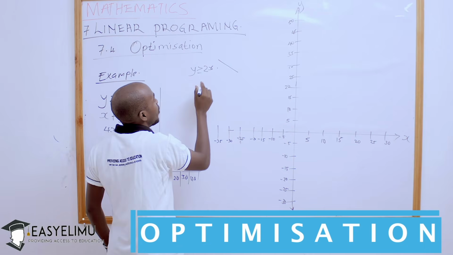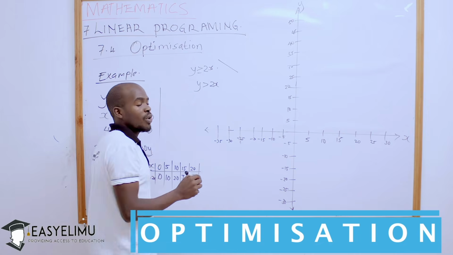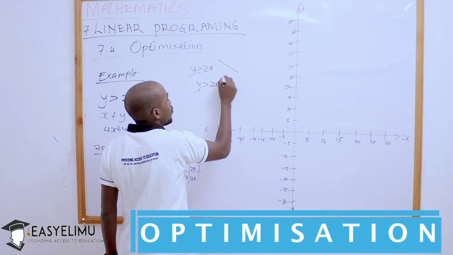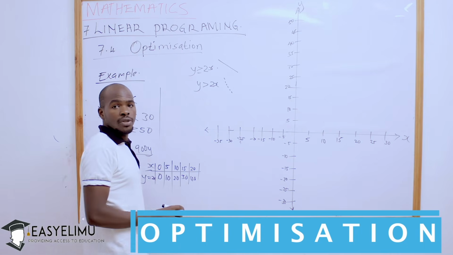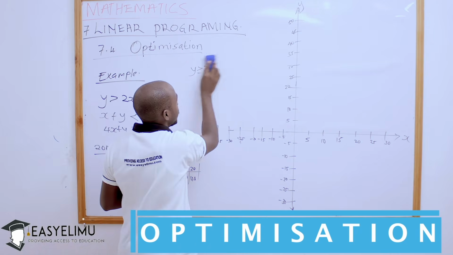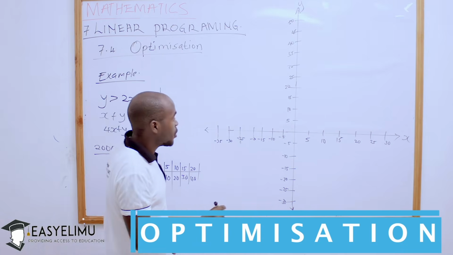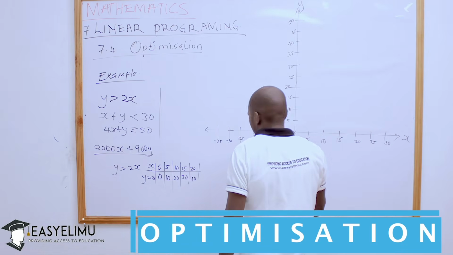But because we have y is greater than 2x, whatever I draw, the line will be dotted. So that is how we differentiate the inequalities. Now let's use that technique to draw that one, and I will plot on the Cartesian plane.